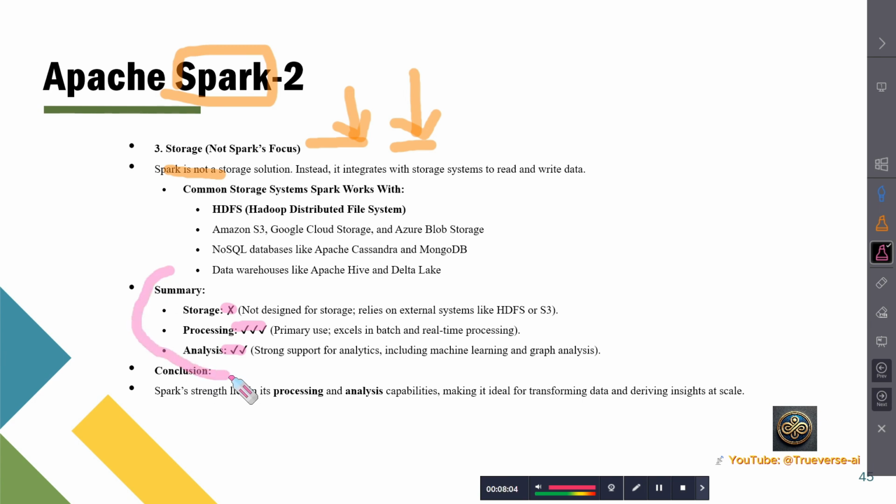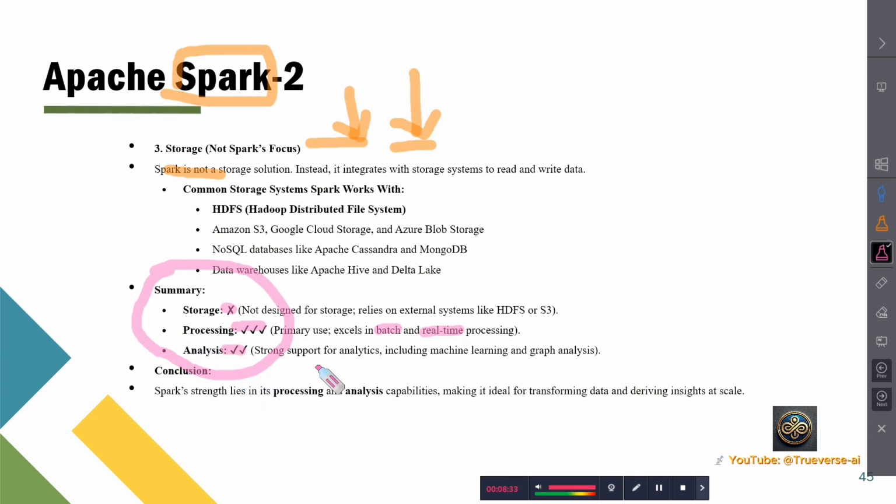This is a very nice section showing the primary use of Spark. It is good for processing, like batch and real-time data preparation processing.